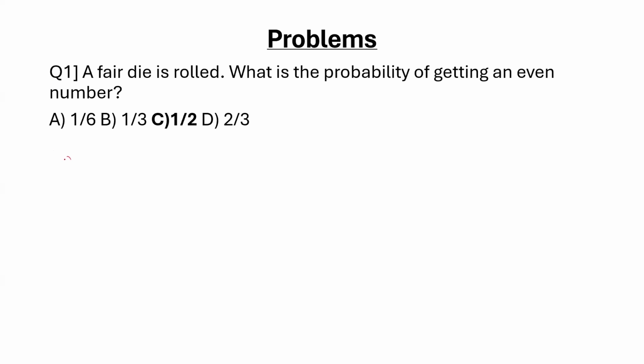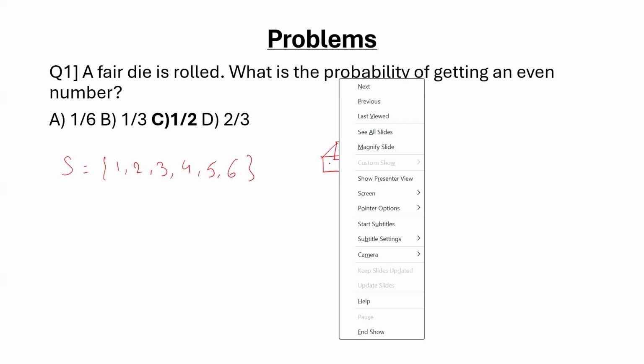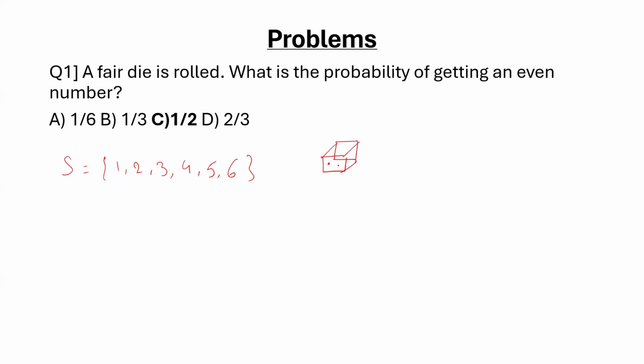So the sample space S could be 1, 2, 3, 4, 5, 6, right? If you roll a die of this type, that is how your die looks. On one side it has 1, 2, let's say 3, right? So 6 faces, 6 numbers.